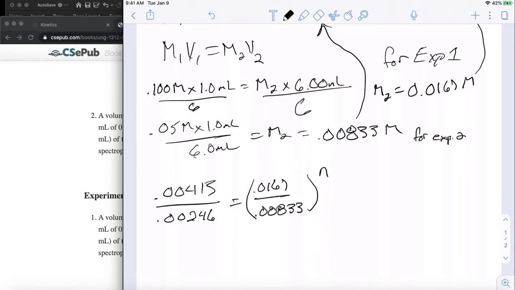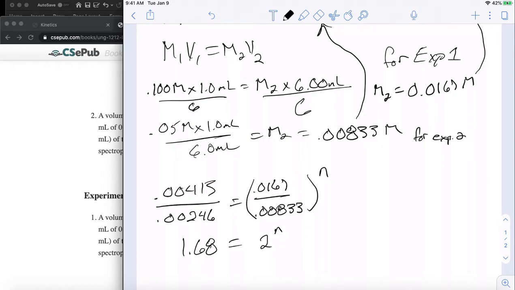If I calculate these numbers, the right side is easy. This is going to be pretty much exactly 2 to some power, which has to equal 0.00413 divided by 0.00246, which I get as about 1.68.